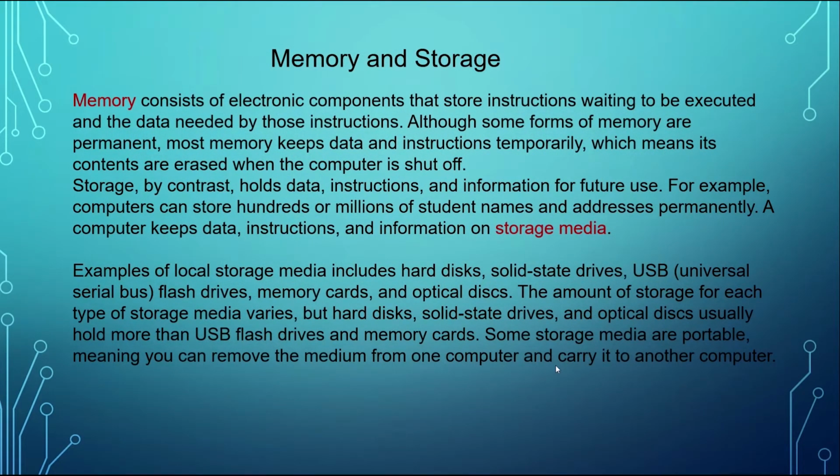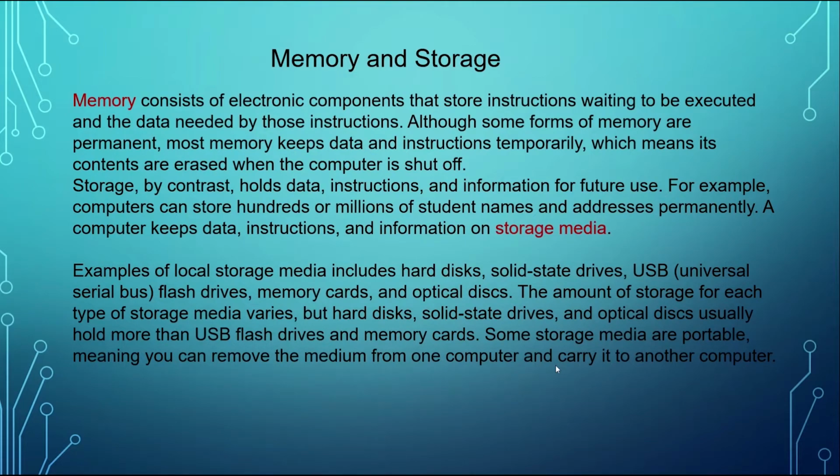Memory and storage. Memory consists of electronic components that store instructions awaiting execution and the data needed by those instructions. How to explain this? Memory is electronic storage that holds everything we do and all the information that we input in our computer or mobile device.